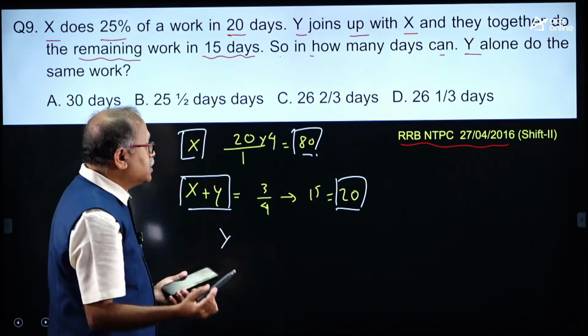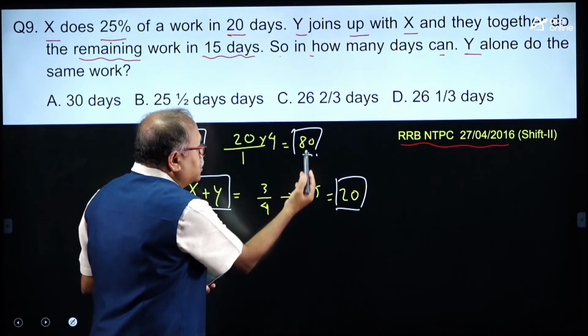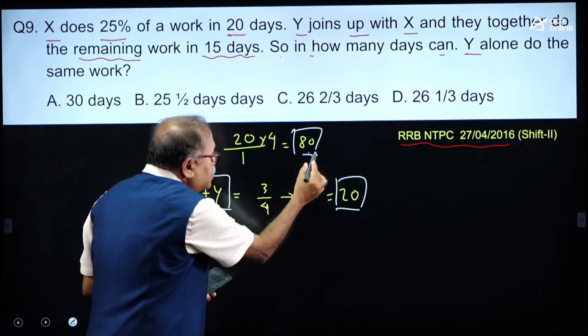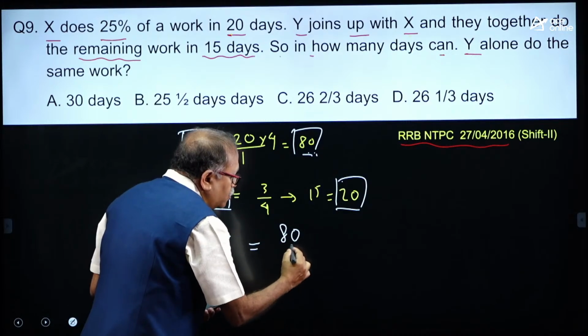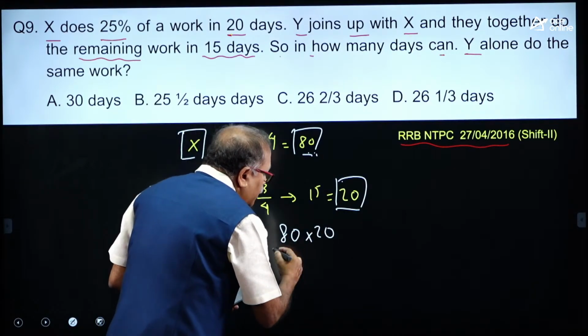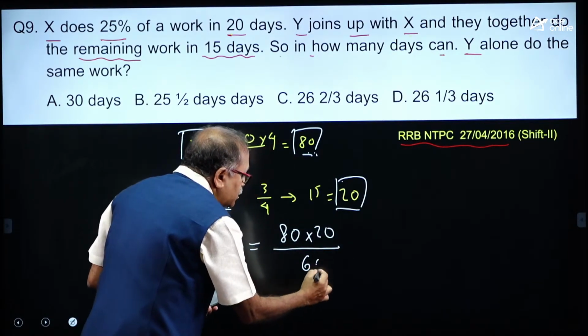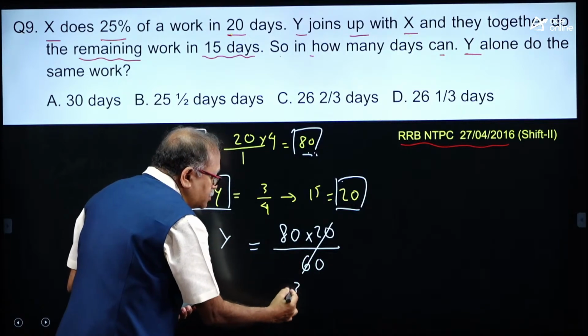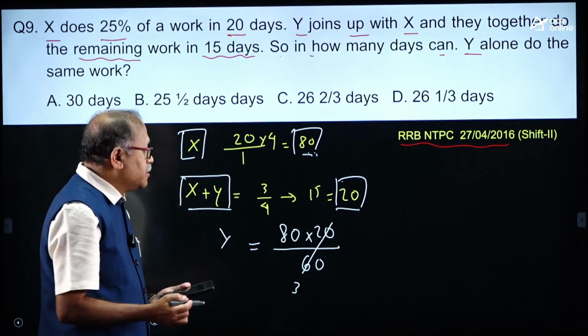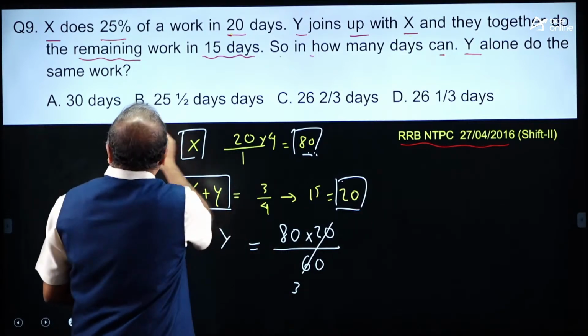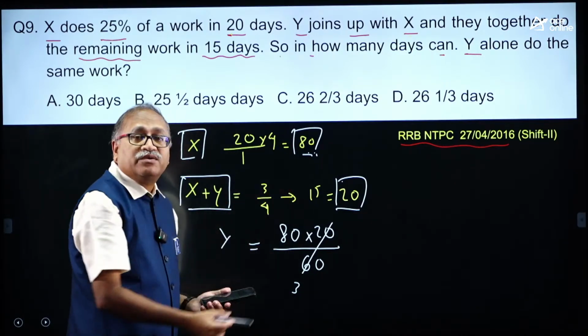Okay. Let me check this one. 80 into 20 by 80 minus 20, that is 60, and this comes 3 times and that is nothing but 80 by 3. So, when I have 80 by 3, let us divide it.